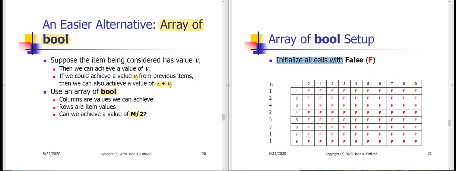We're going to start out by initializing all of the cells to false. And then we're going to go through each of the values in our multiset one at a time to indicate which values in that row are achievable from among the various columns.